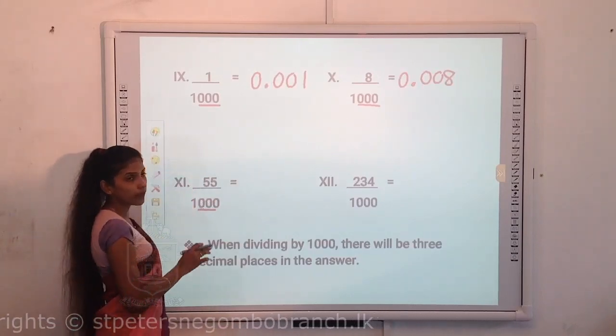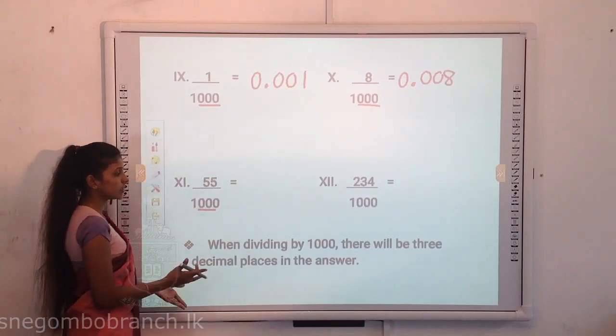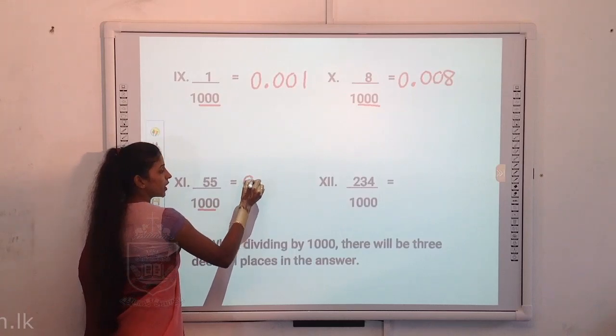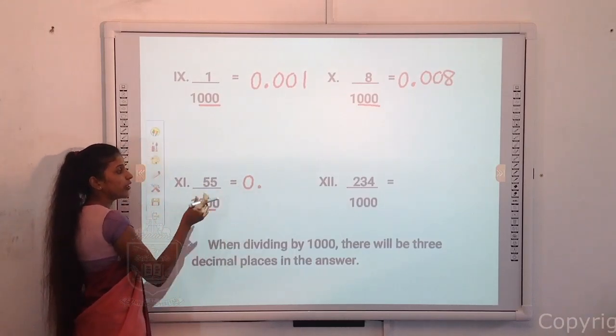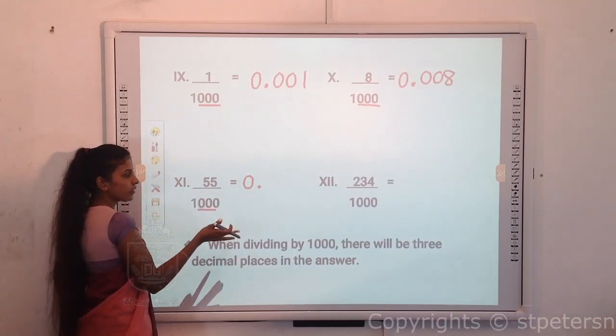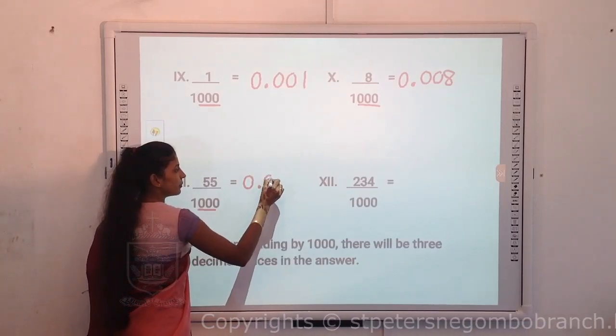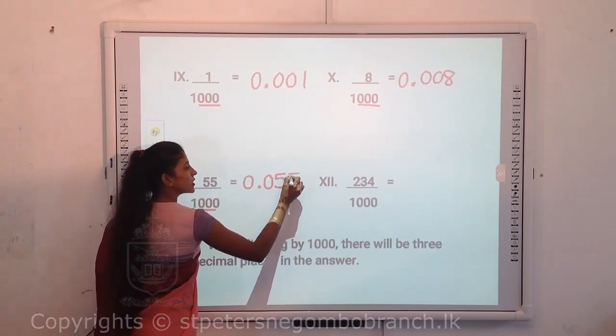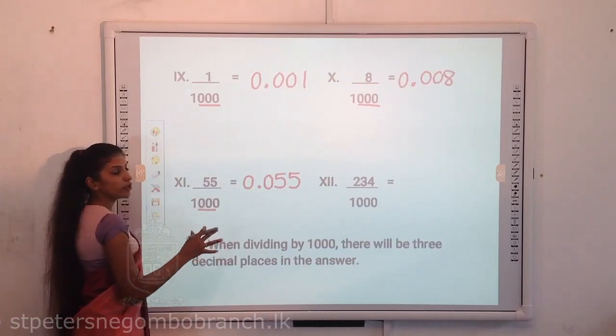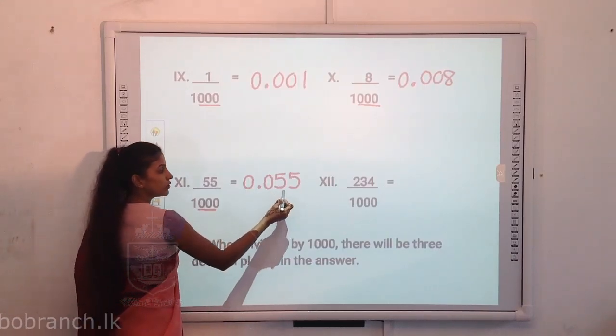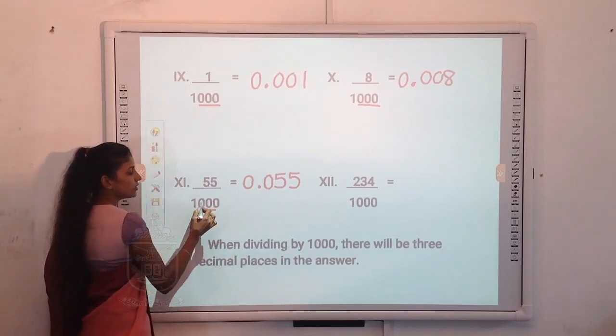Next example, again you have three zeros, but here you can see two numbers are there already. Earlier you had only one number. How can we express this? The same way. You already have two values, so it will be 0.055. Three decimal places, three zeros.